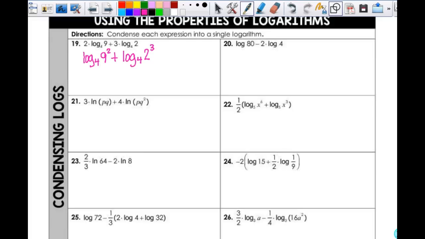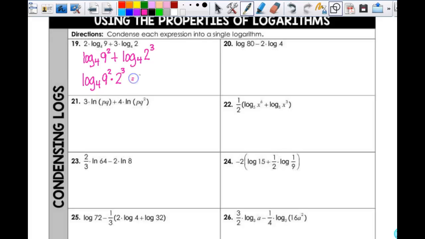Then I can condense this more using my product property here. And so this is going to become log base 4 of 9 squared times 2 to the 3rd power. And so to figure that out, this is going to be 9 squared, which is 81.